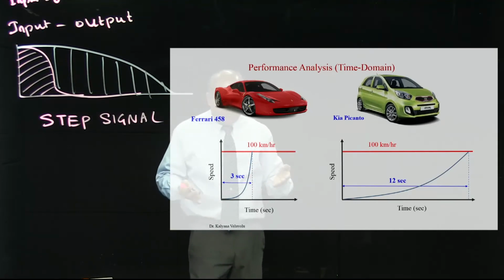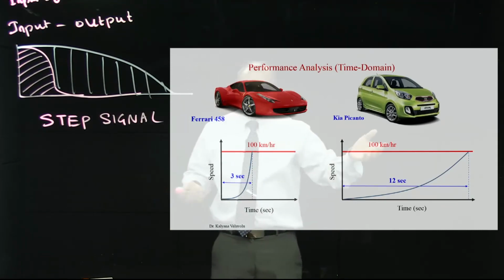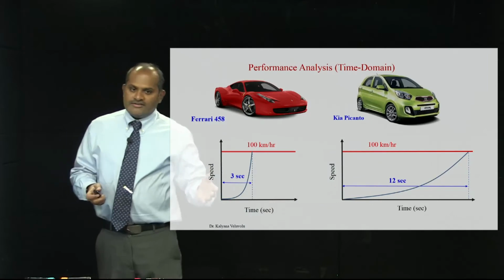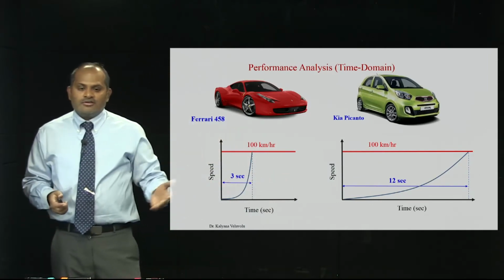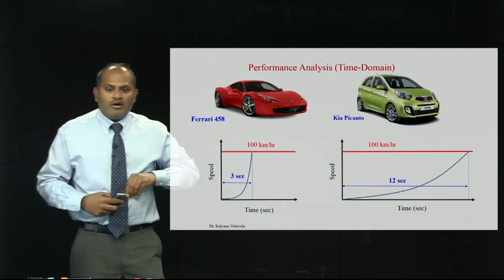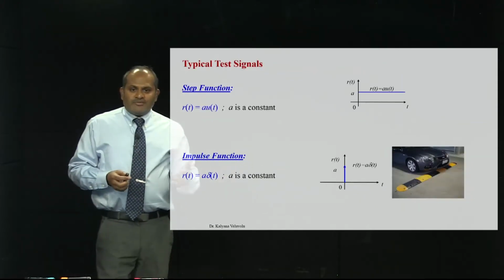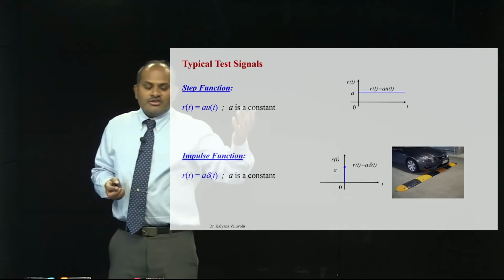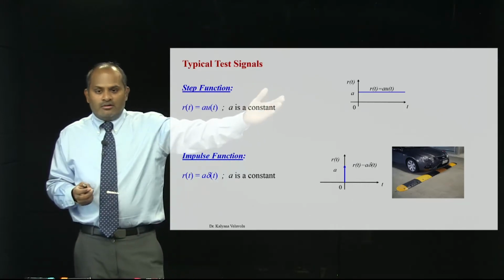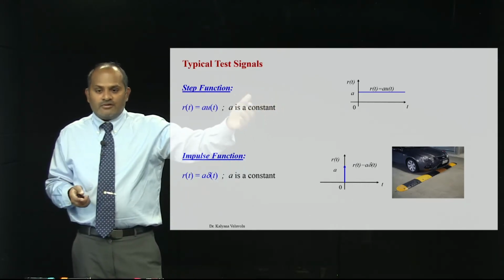Different cars will give you different output. So, as we analyze the performance of these two cars, we can now analyze our various step signals. Now, a step signal is what we just analyzed. We applied it to analyze the performance of two cars.